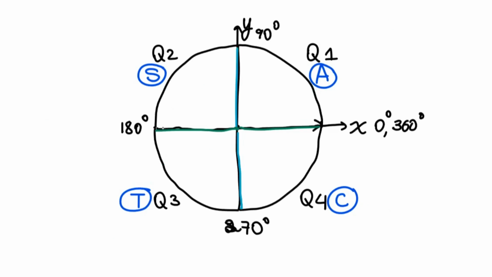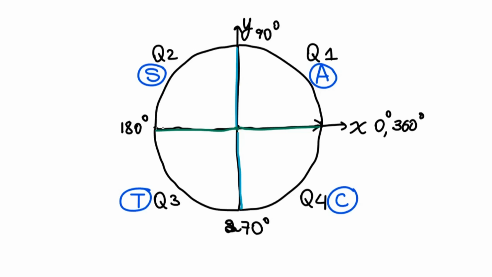There are other 4 special angles, and they are right on the axes. So there is a 0-degree angle or 360-degree angle. There is a 90-degree angle, 180, and 270. How do we determine the ratios for them? Remember that ratio is the relationship between the vertical distance, the horizontal distance, and the radius.